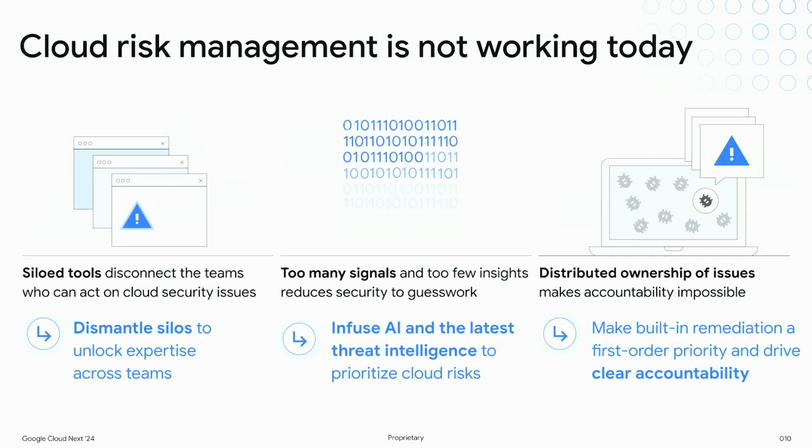Secondly, this notion of far too much noise, way too many signals and far too few insights. When I have a conversation with a small to medium-sized business, it's not uncommon for that customer to have thousands of active findings in the system at any given time. It's not uncommon for a large customer to have hundreds of thousands, in fact, oftentimes many hundreds of thousands of findings within the system.